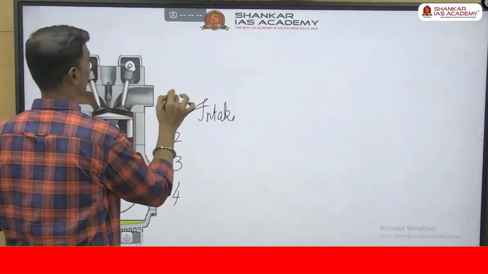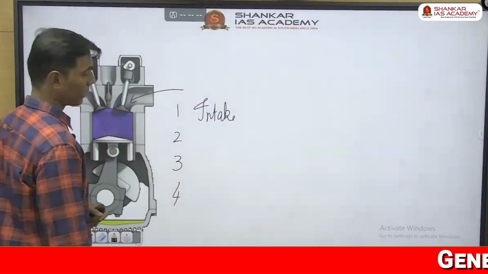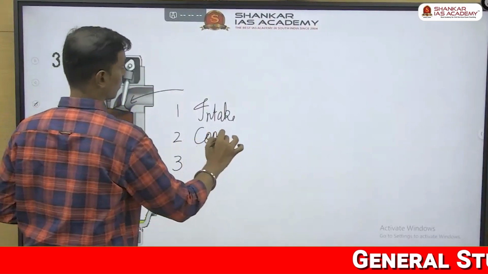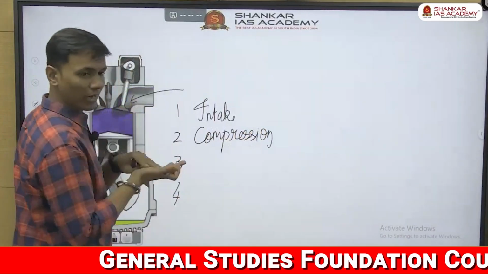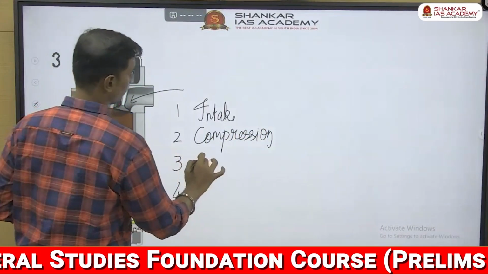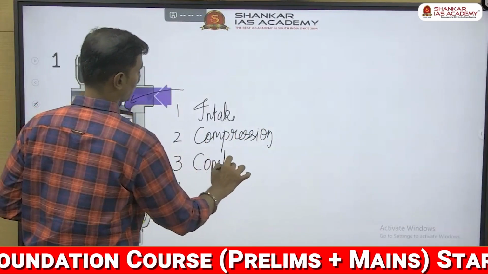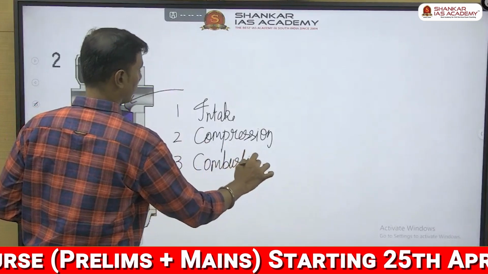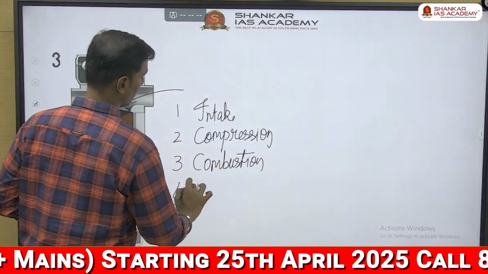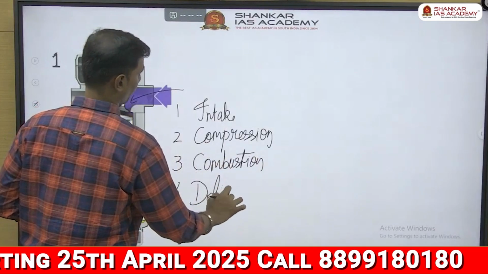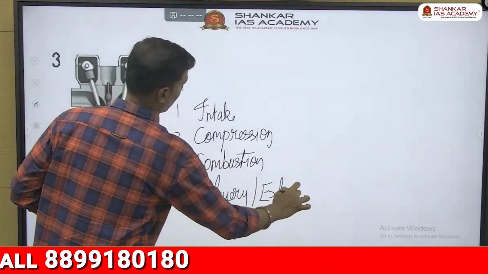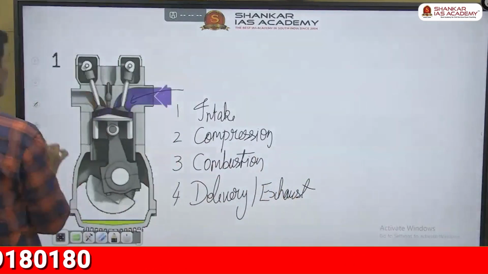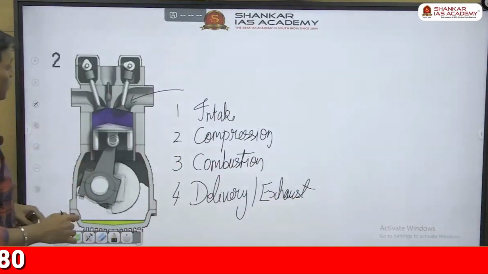When we say intake, air and fuel will be drawn inside. Second one is called compression stroke. When we say compression, the fuel and air mixture is compressed inside. The third one is called combustion stroke. That is, fuel will burn inside. And the fourth one is called power delivery stroke, or we can say exhaust stroke.